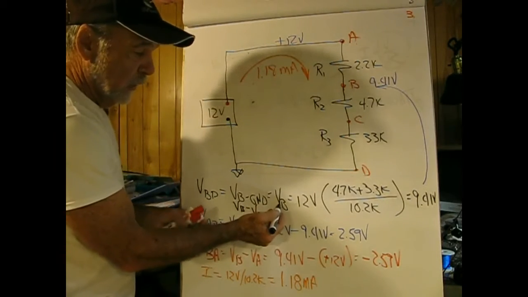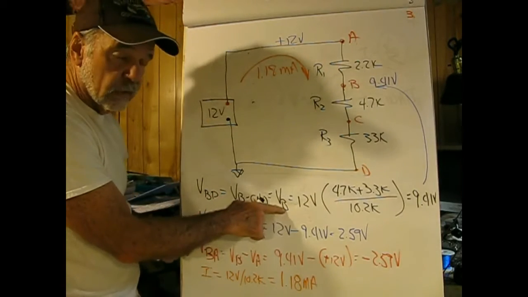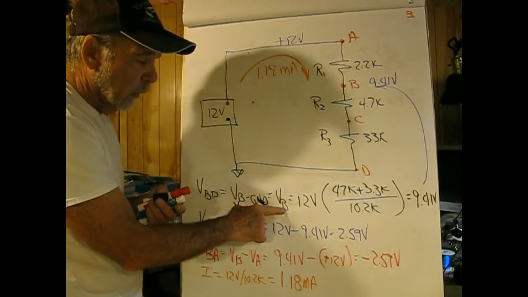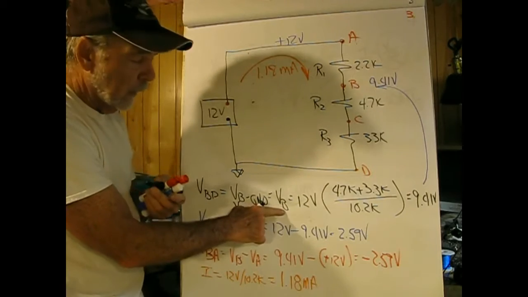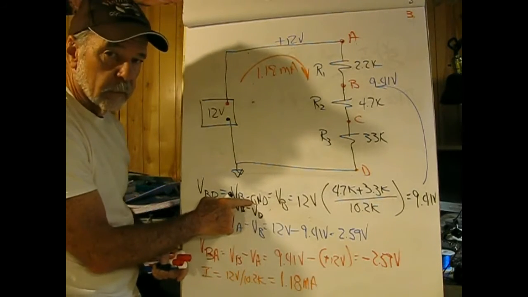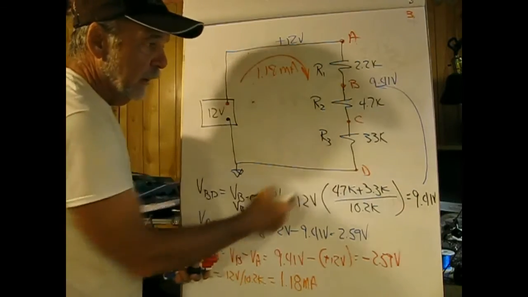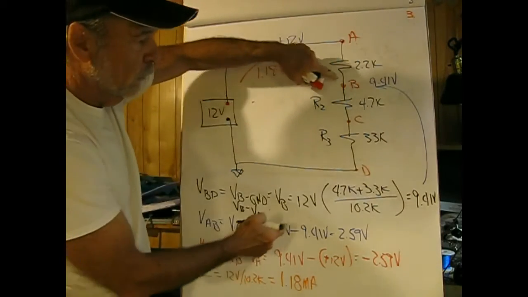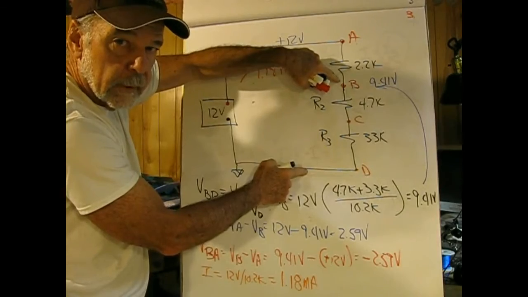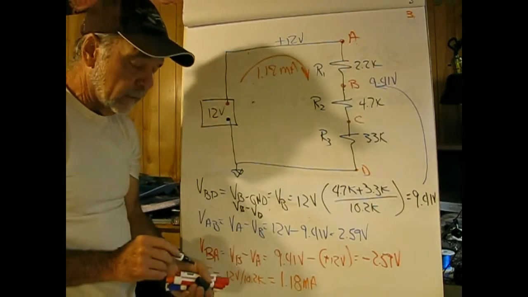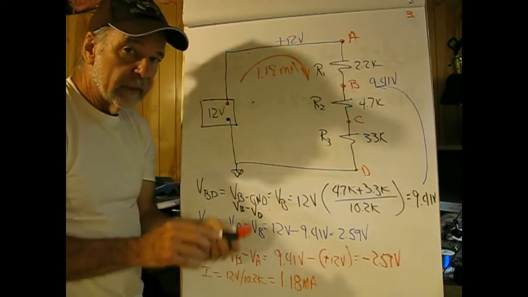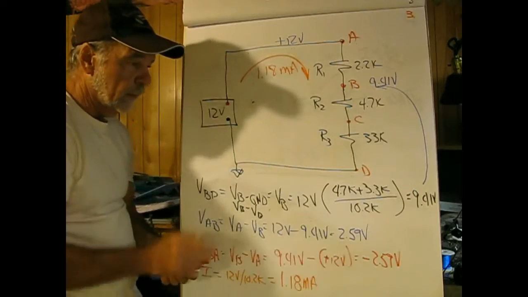If it's unspecified, like this is a singly subscripted variable, it is assumed that the second variable is ground. So to measure VB, D is the same as measuring VB to ground. Everything is really a doubly subscripted variable because DMMs have two leads.